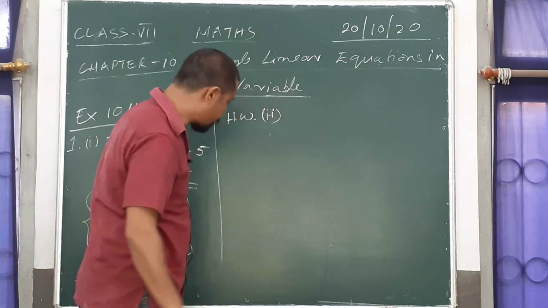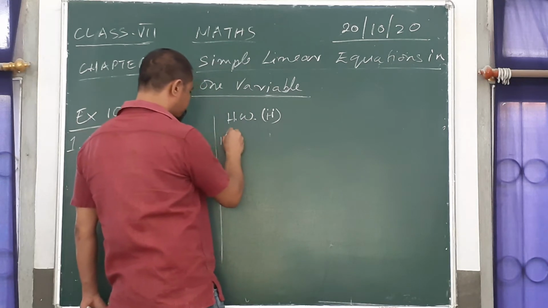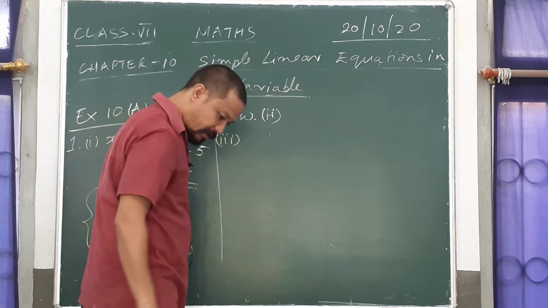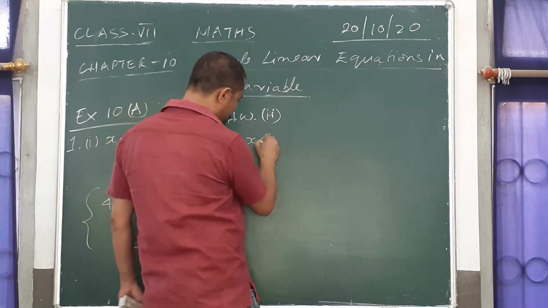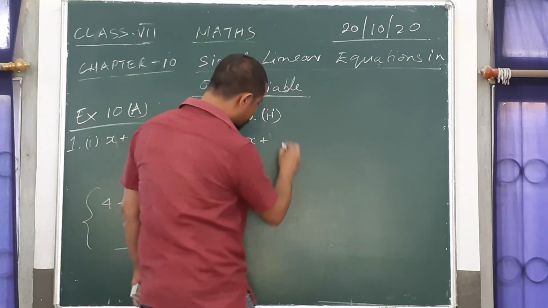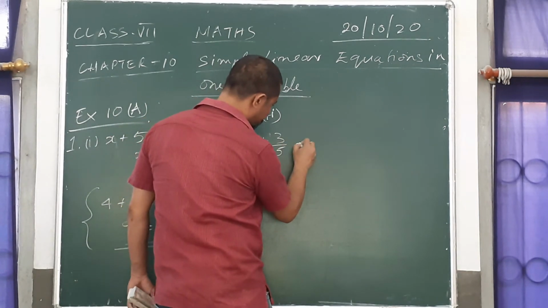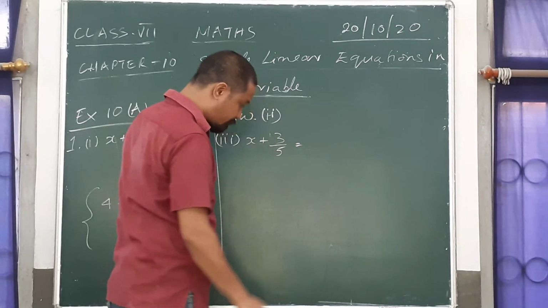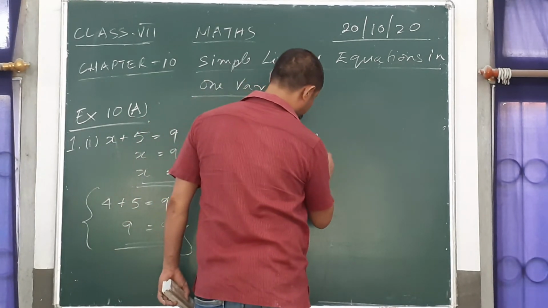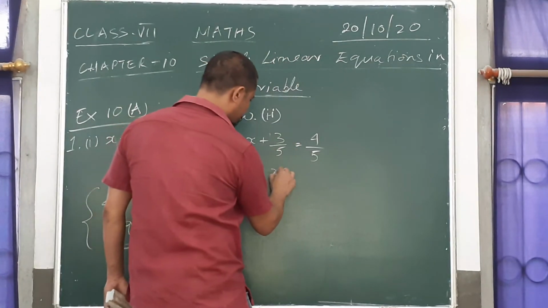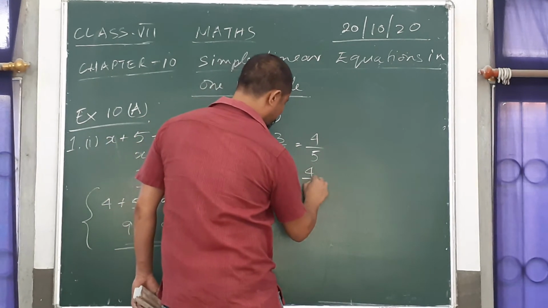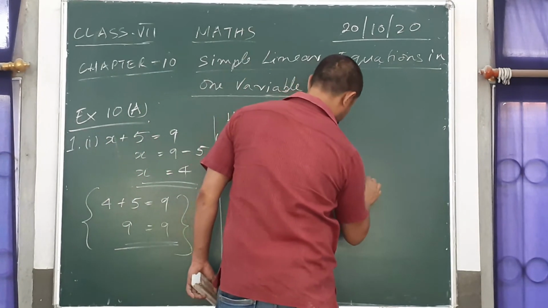Now I'll try to do number 3. Number 3 is x plus 3 upon 5 equals 4 upon 5. So x equals 4 upon 5 minus 3 upon 5.